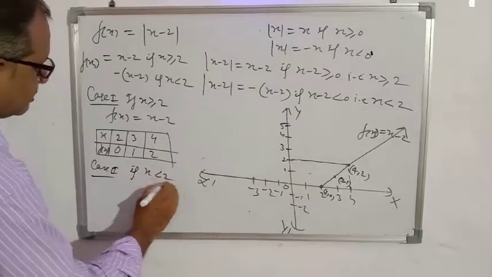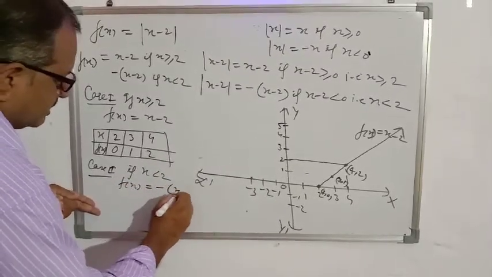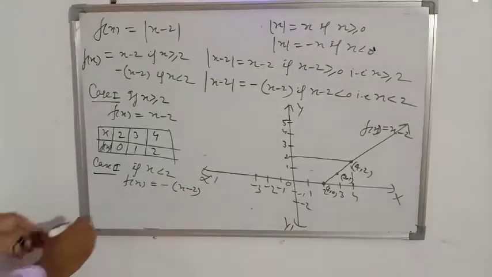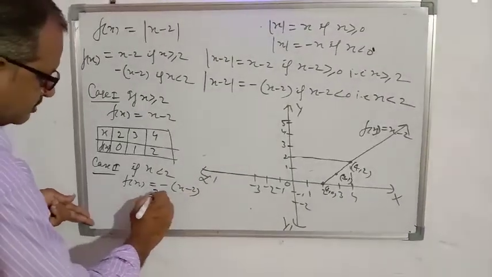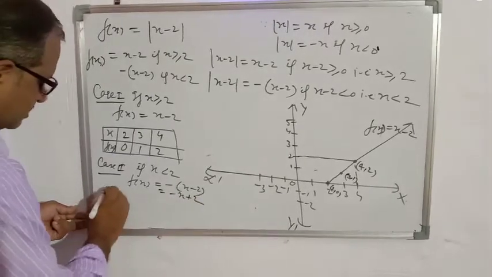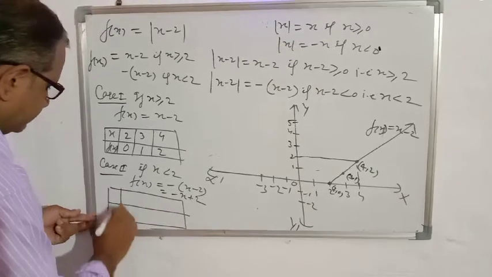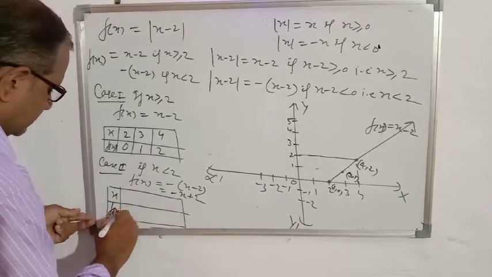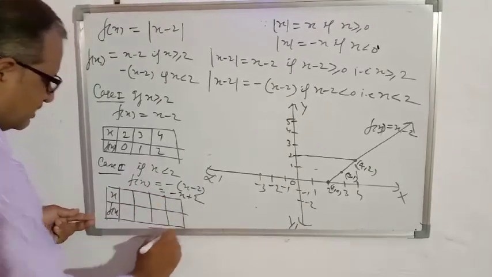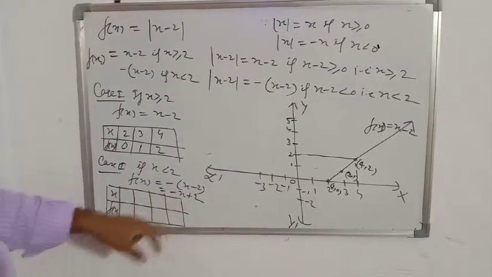If x is less than 2, so what will be f(x)? Minus (x minus 2). So open the bracket, minus x plus 2. Again make the table of x and f(x). Here we will take the values of x less than 2.